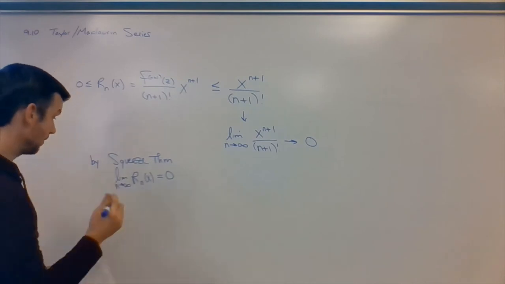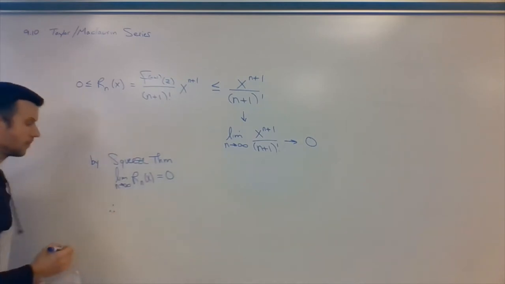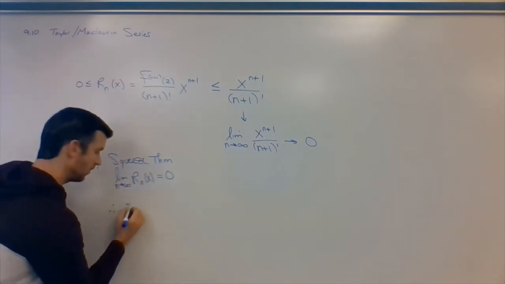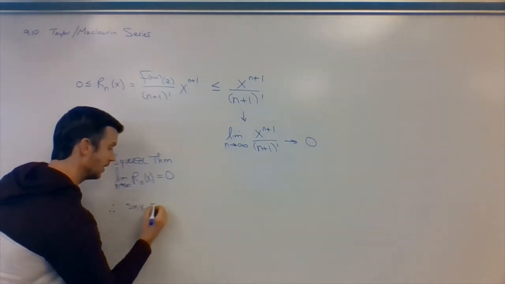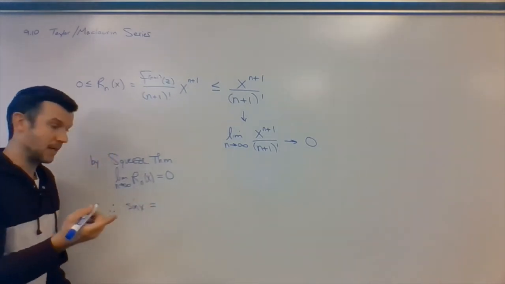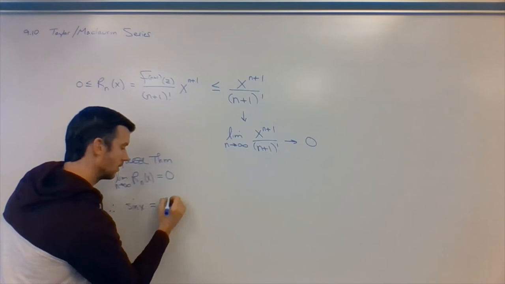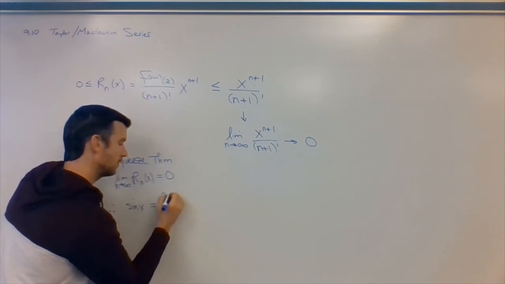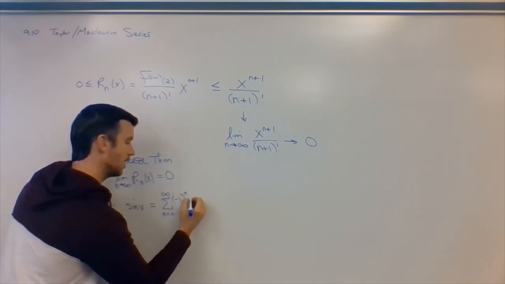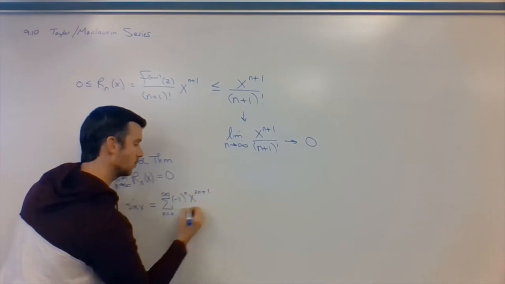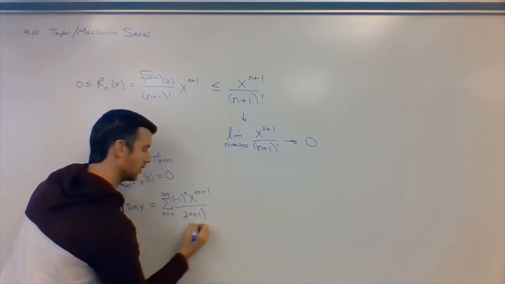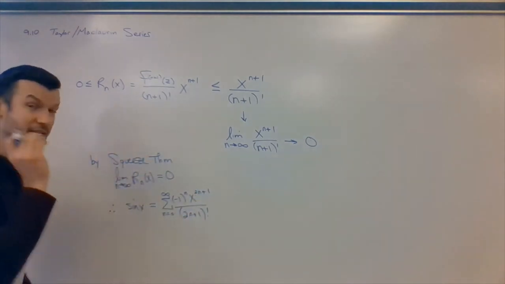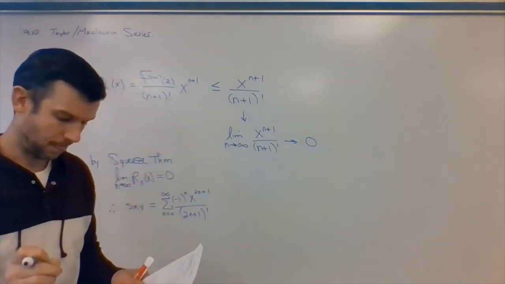Okay? That means that the sine of x is equal to, not approximated by, the summation as n goes from 0 to infinity of negative 1 to the n, x to the 2n plus 1 over 2n plus 1 factorial. That is an equals statement, okay?